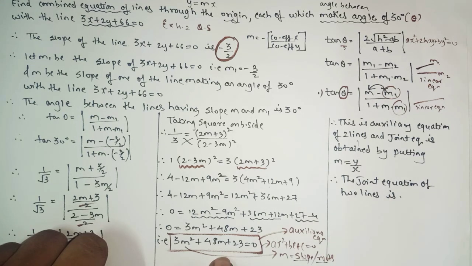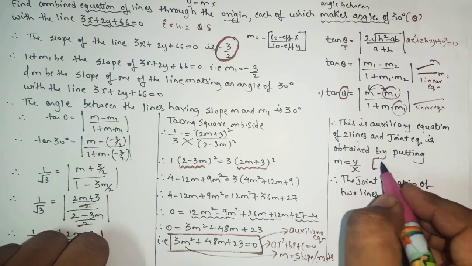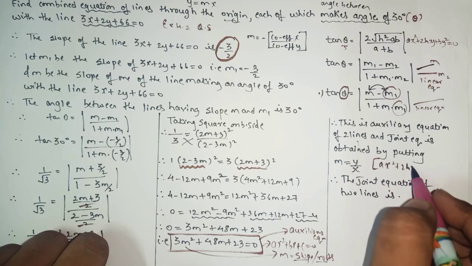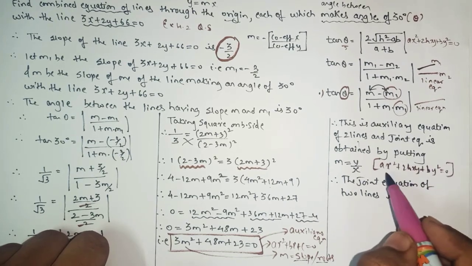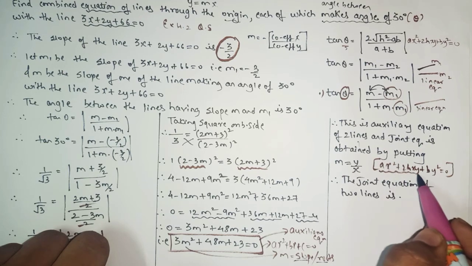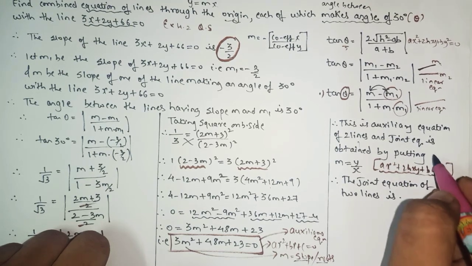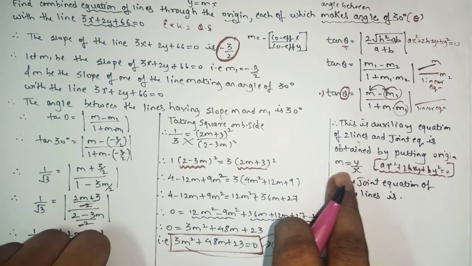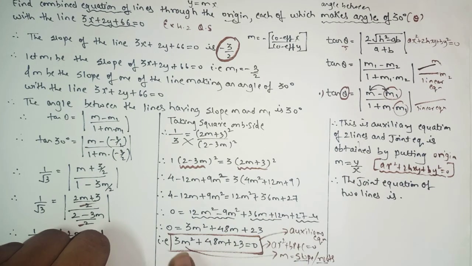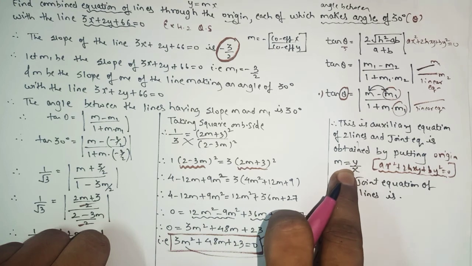And that equation will be in the form of ax square plus 2hxy plus by square equals 0. When the two lines pass through the origin, that's why I replaced m by y by x.